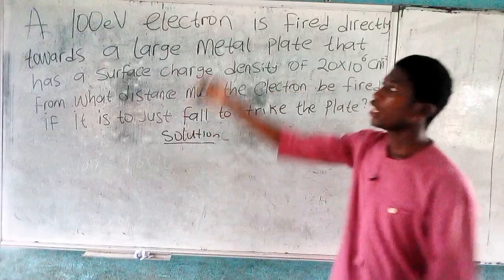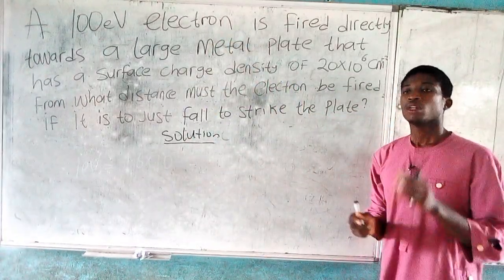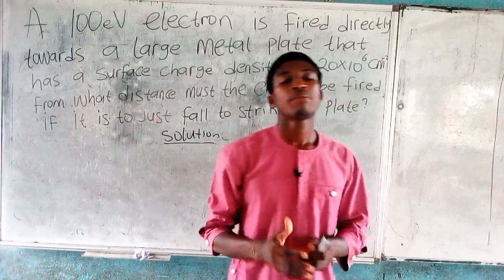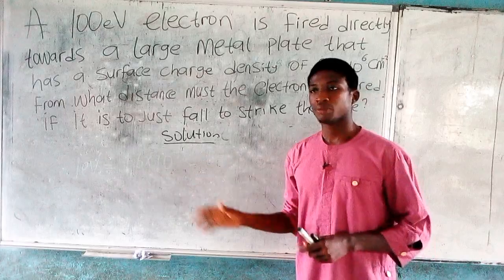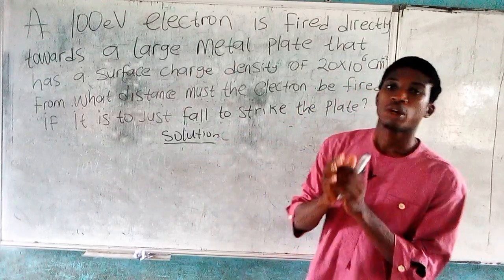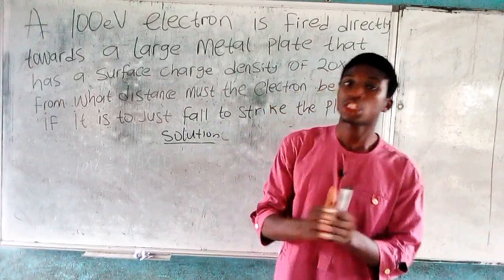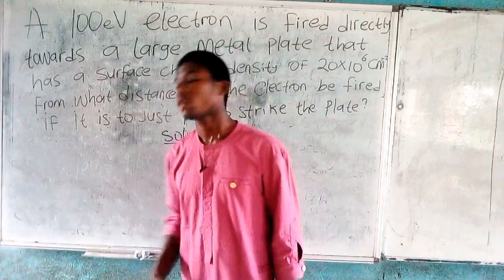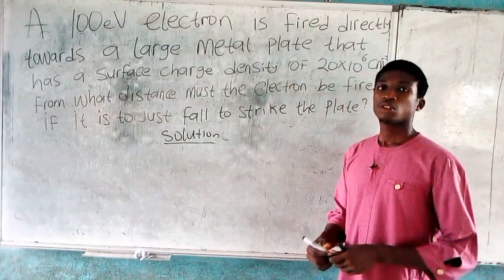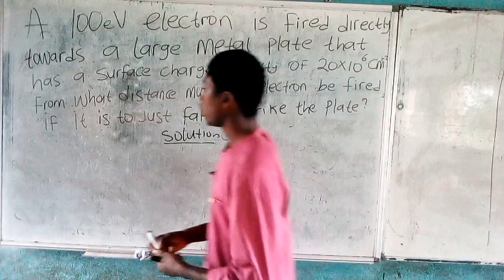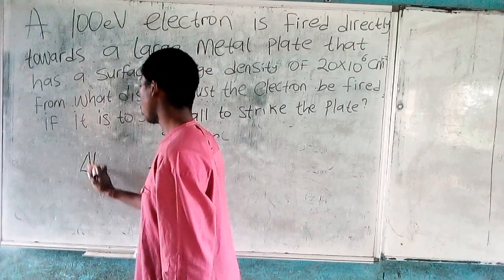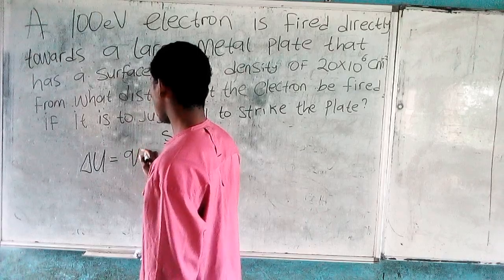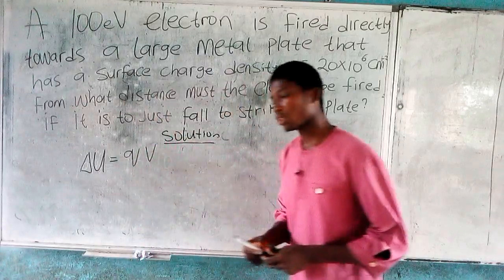We have a 100 electron volt electron. Anytime in physics you see electron volts, you're talking about energy, and in electric field here, we're talking about electric potential energy. I know we've not touched that, but we'll touch it when we get into capacitors. Just for a preview, the electric potential energy is equal to charge times the potential itself.